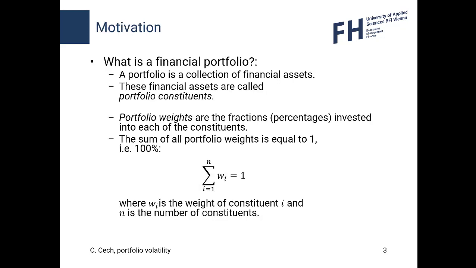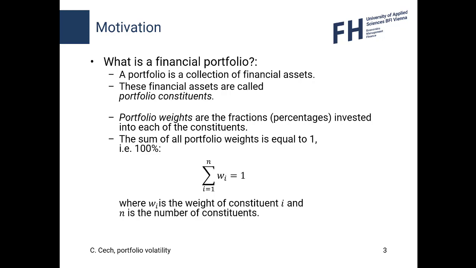This is the motivation part, where I first define what a financial portfolio is. A portfolio is a collection of financial assets. I assume you know that already. We call these financial assets the portfolio constituents. Portfolio weights are the percentages that you invest into each of these constituents.